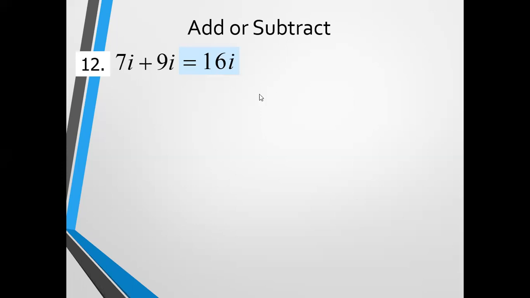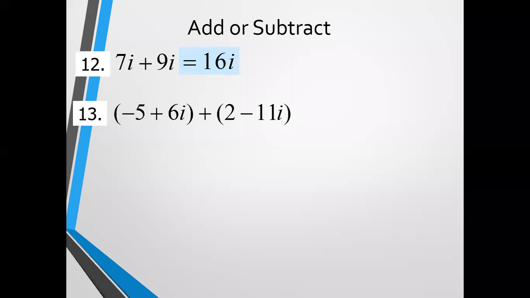Let's move on. When you have this kind of expression, you open bracket minus 5 plus 6i, close bracket, plus you open another bracket 2 minus 11i, you close the bracket. What do we get? In this case, you add the real part and the imaginary part separately.